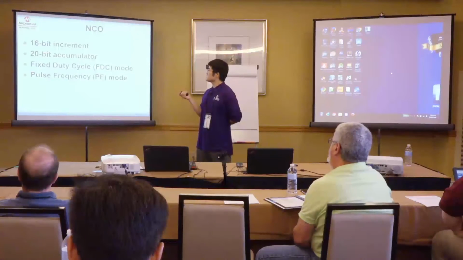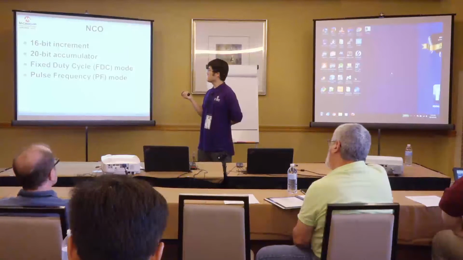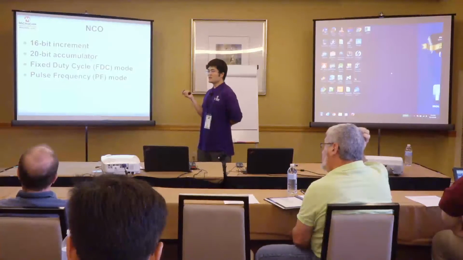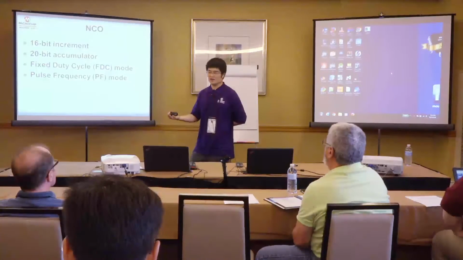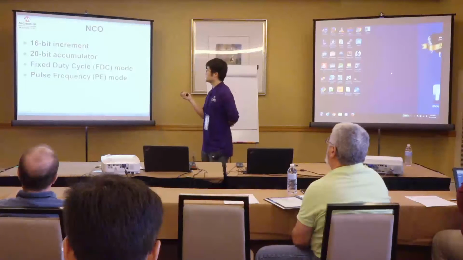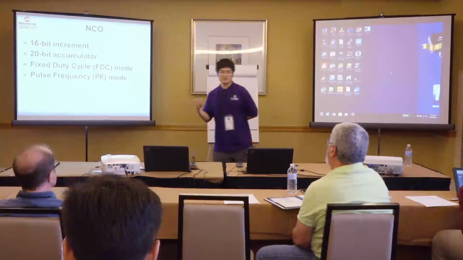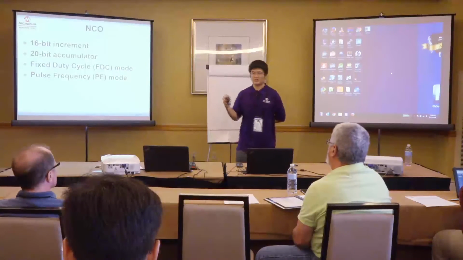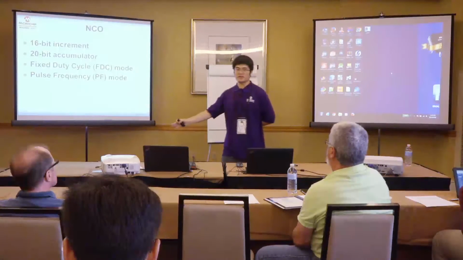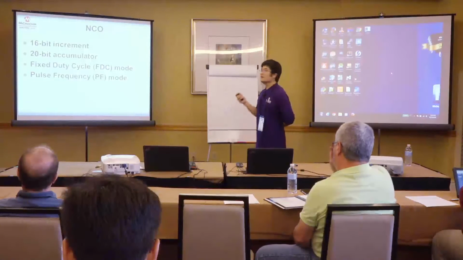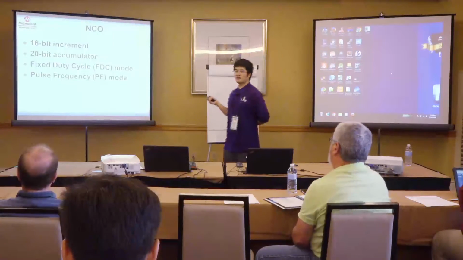When you write your increment steps, it will just keep incrementing based on what clock source you provide to this NCO. And whenever your accumulator overflows, it will generate a signal output. Then you know, oh, it overflowed. I might have just passed this many counts, right? We have 2 working modes for the NCO.